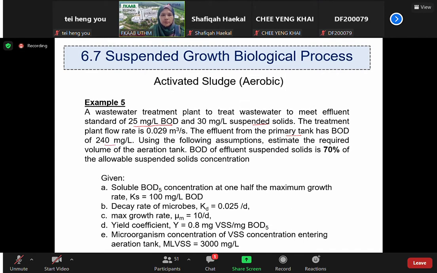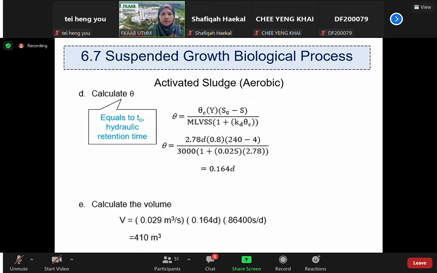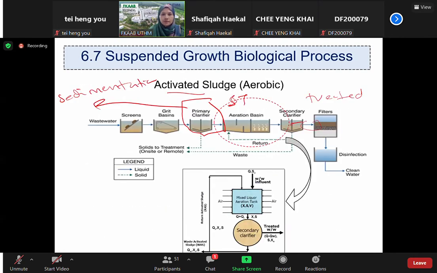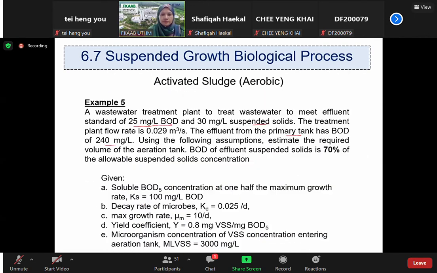After primary, we need to go to the secondary. Ini aeration. Ni kita punya secondary treatment ya. Then by using the following assumption, estimate the required volume of the aeration tank. BOD of effluent suspended solid is 70% of the available suspended solid concentration.